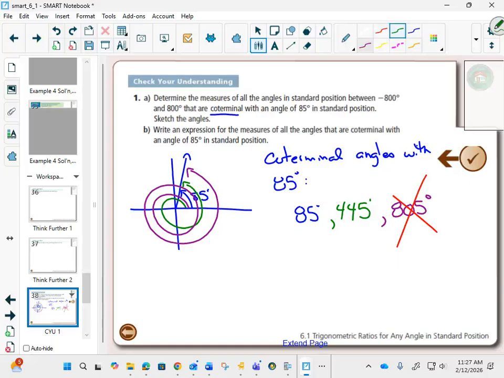So now let's go in the negative direction. I'm going to start one in here in red. If I go in the negative direction to there, can you see that that would be like 85 subtracting 360?